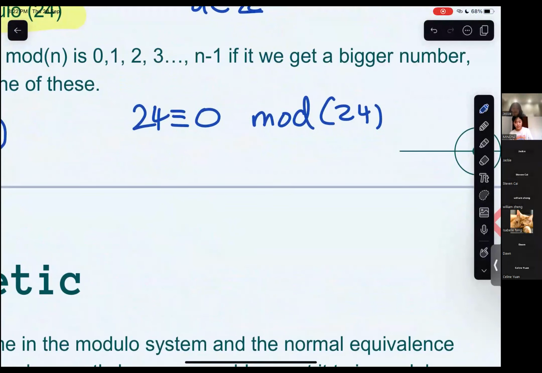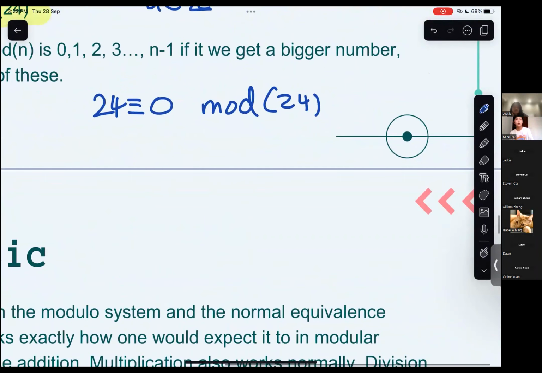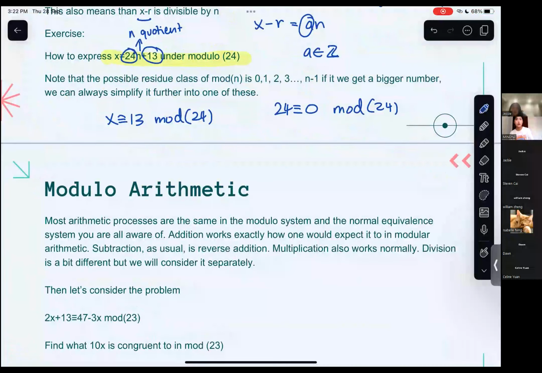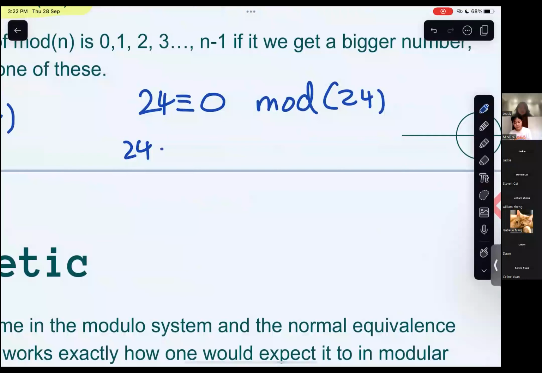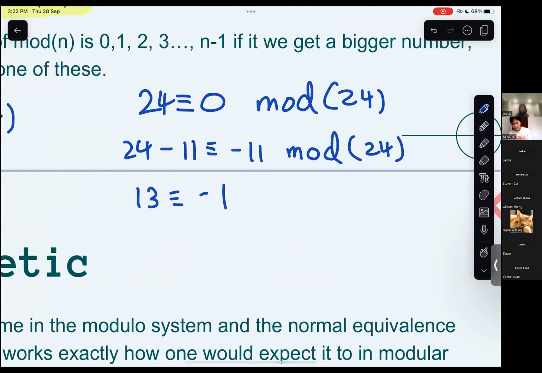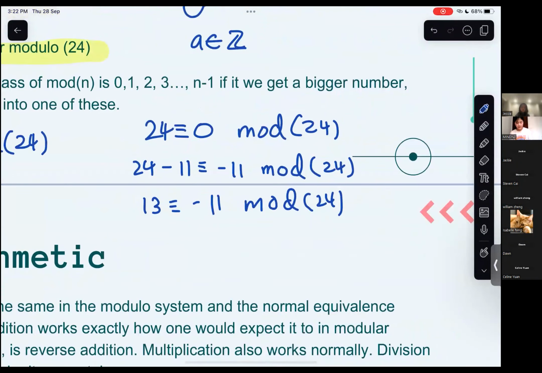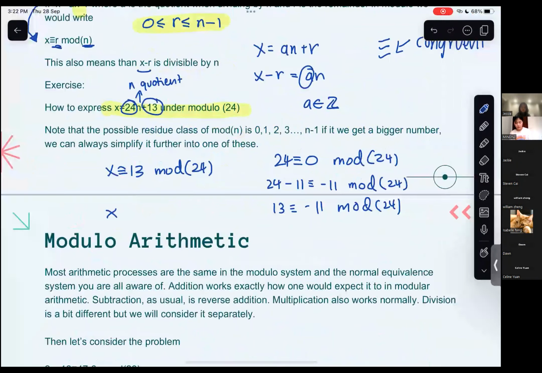And like we'll be saying below, our next part is going to be modular arithmetic. What you can do is you can easily subtract 11 from both sides, and that should still be true. Right, so what we can get is, if we really wanted to, we could write x congruent to negative 11 mod 24.